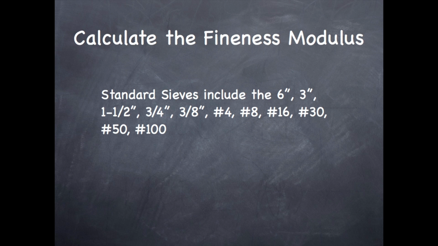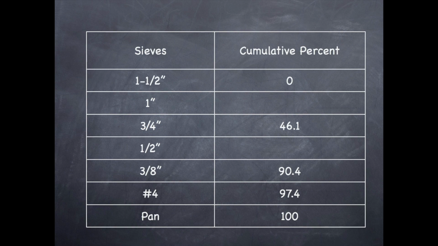Let's recall for a moment the standard sieves that we're going to be using to calculate our fineness modulus. So when we do our calculation, we're not going to include the 1-inch sieve or the 1/2-inch sieve, as these sieves are not part of the standard sieve series.